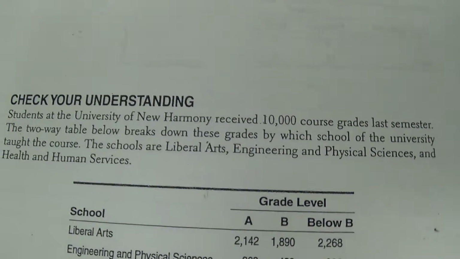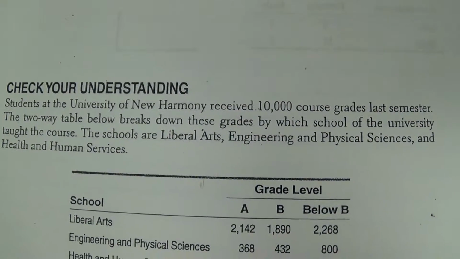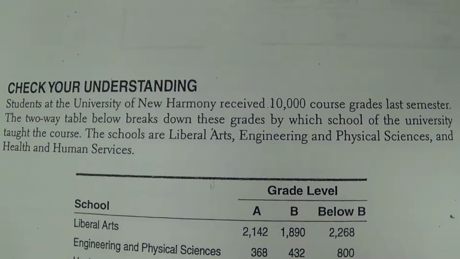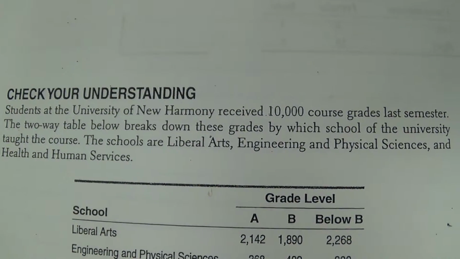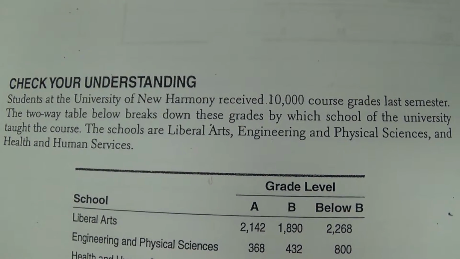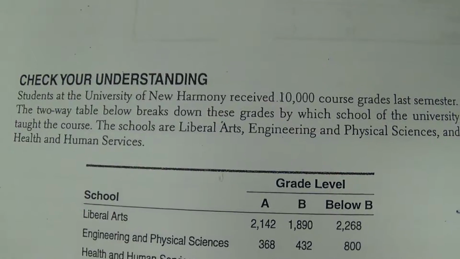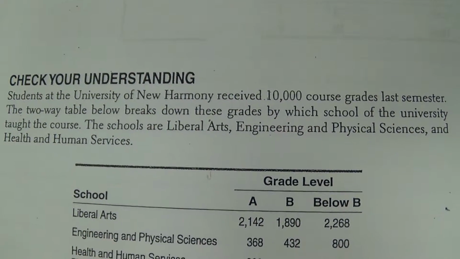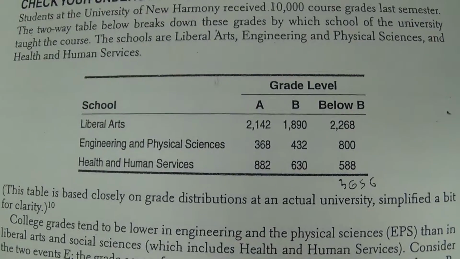Students at the University of New Harmony received 10,000 course grades last semester. The two-way table below breaks down these grades by which school of the university taught the course. The schools are liberal arts, engineering and physical sciences, and health and human services.